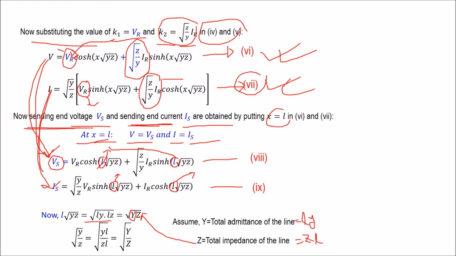Again from lowercase root over y divided by z, we can write root over yL. We multiplied L in numerator and denominator. So from here we can write root over uppercase Y divided by uppercase Z, right?